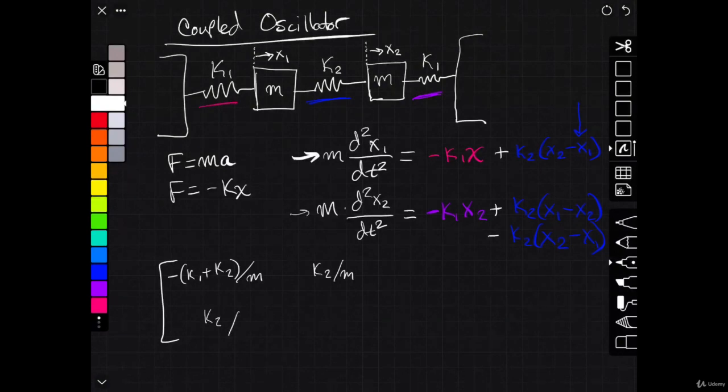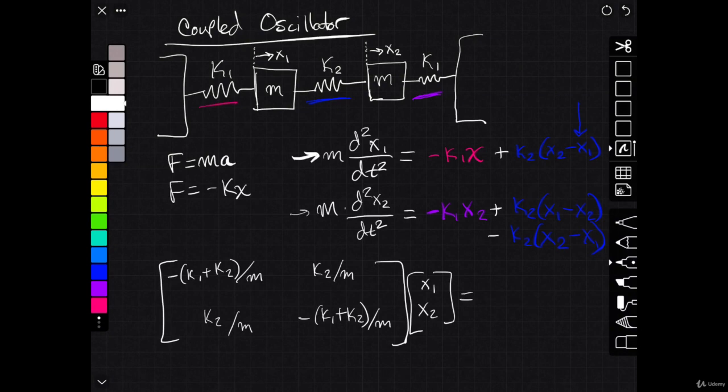And then we have minus (k1 plus k2) over m. This is going to be equal to x1, x2, which of course is all equal to d2x1 over dt squared and d2x2 over dt squared.